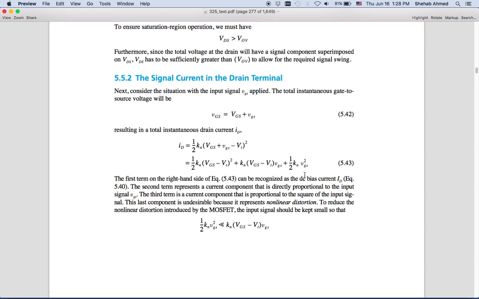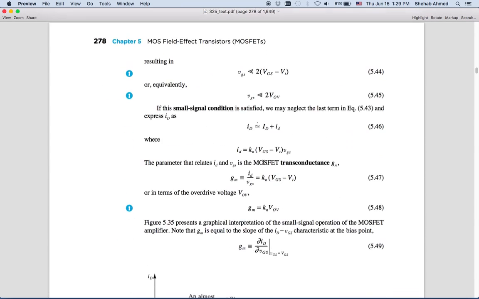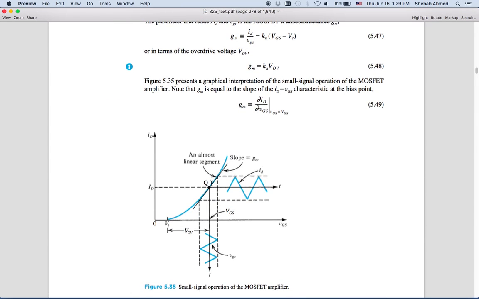I will plot for various values of the gate to source voltage in this equation, knowing the two components: the DC operating point component and the AC component. I can plot that curve, and the tangent to that curve is also the transconductance.